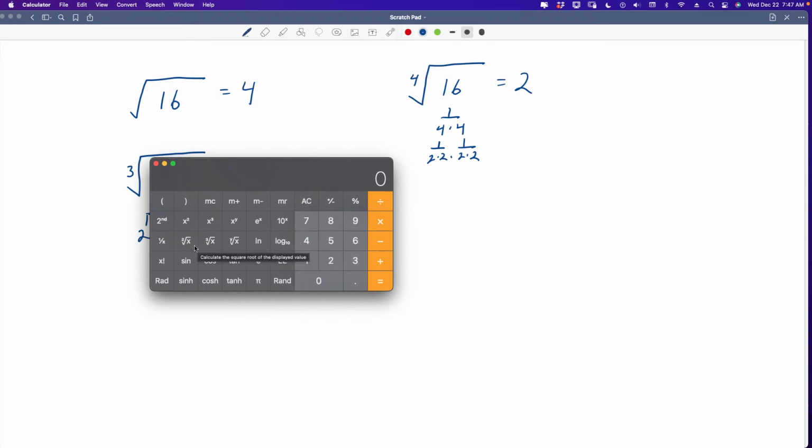That's fine. But in this particular calculator, I have square root and cube root already done. And if it goes higher than a cube root, I can type it in and get the answer. So again, you would type in the X first, hit the button, and then type in the little number here, the index, or the Y, and then hit equal, and it gives you the answer. That's how you would solve that.